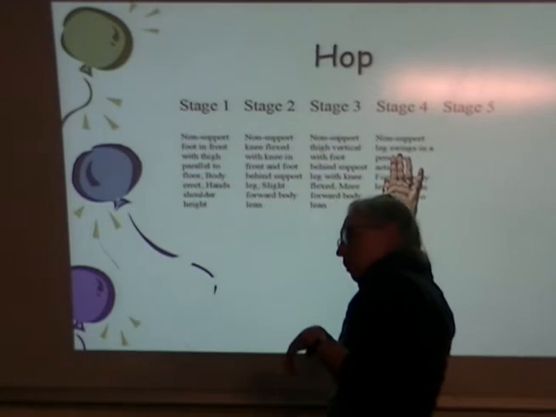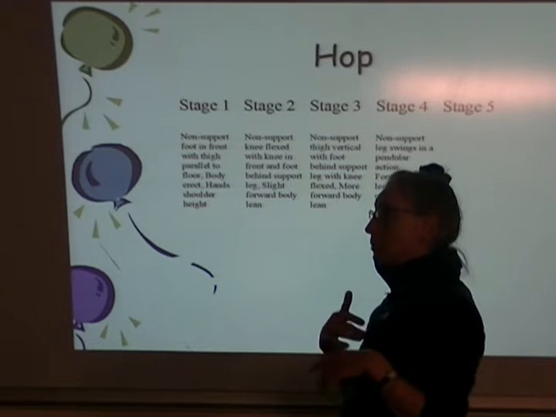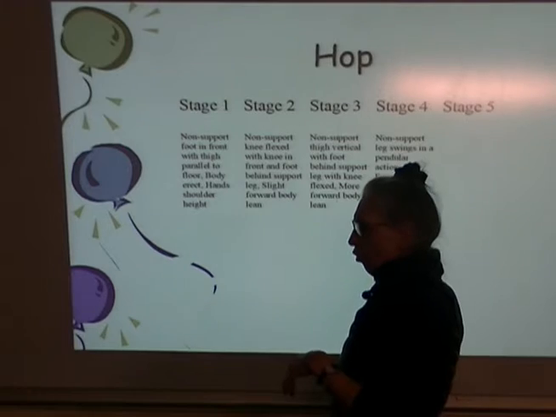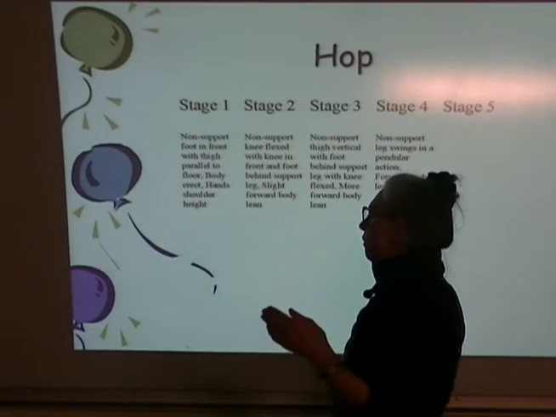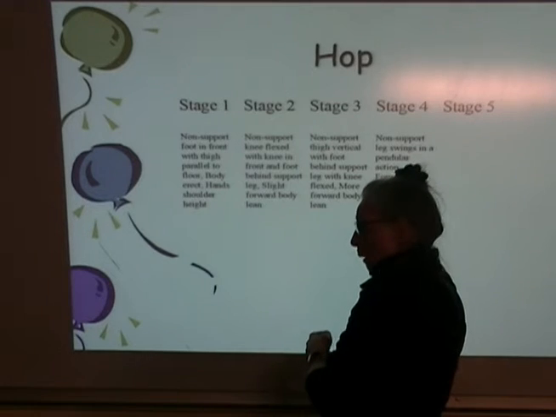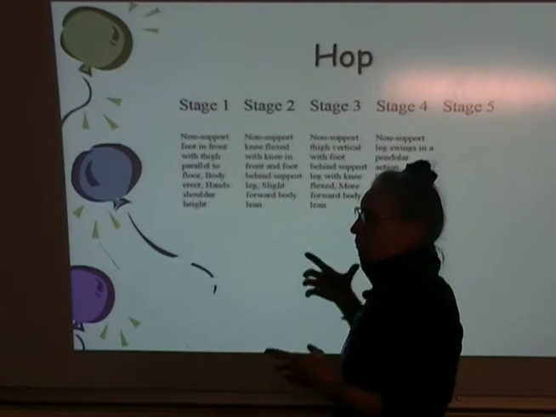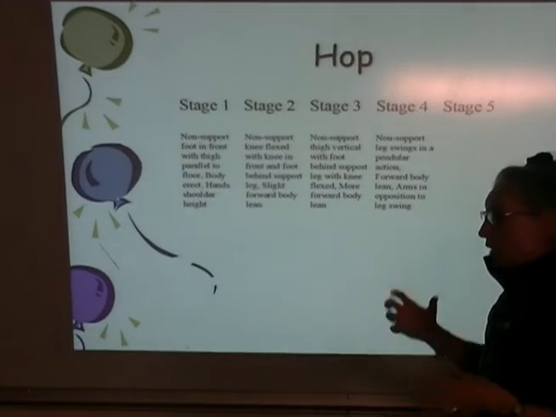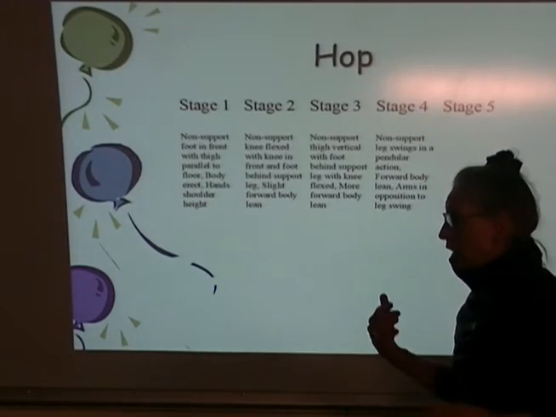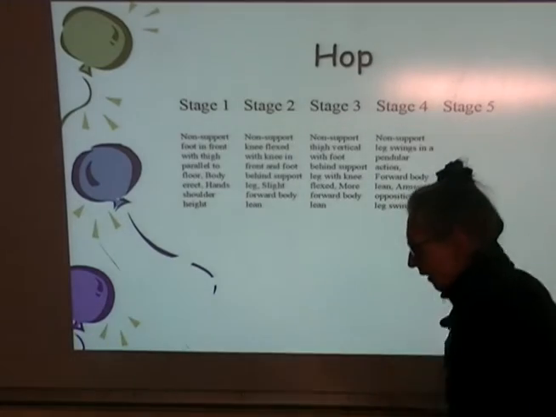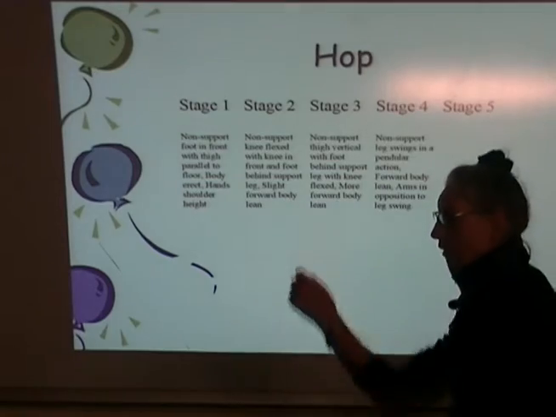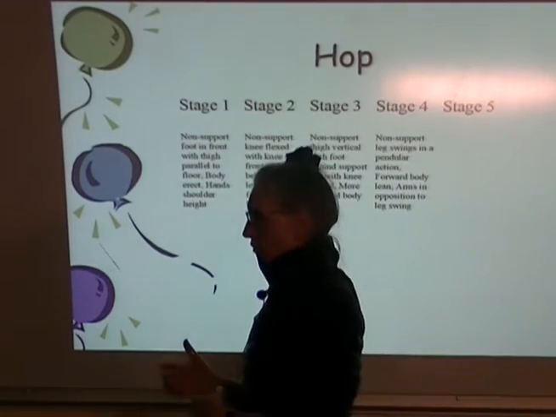Right? In my personal experience, what they describe as stage 4 is not fundamental hopping. It's highly advanced hopping. All right, so what they say stage 4 is a pendular hop. So when you do pendular hopping, you swing the free leg in opposition with the arms to drive you forwards.